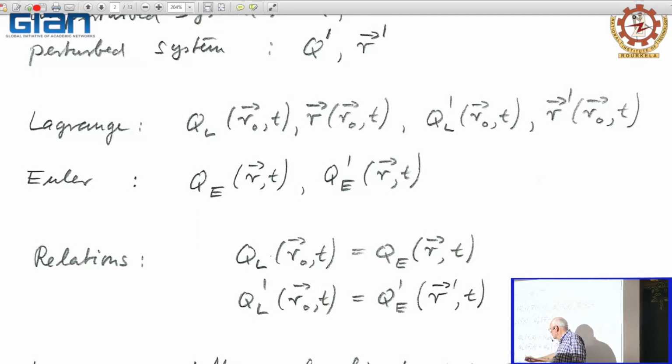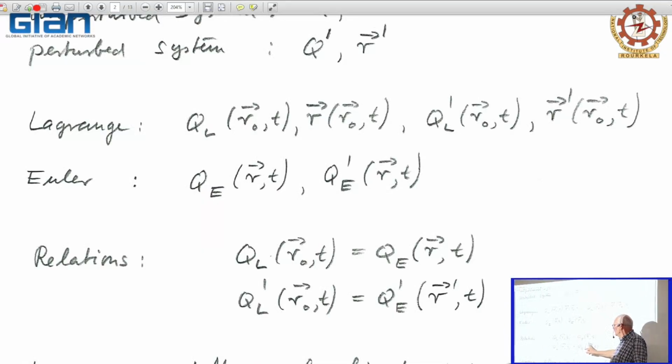That means the Lagrangian quantity q in the perturbed system, depending on the initial vector, is now equal to the Eulerian quantity in the perturbed system, but no longer at r, because the position of our mass element has also been perturbed to reach the position r dash. Okay.